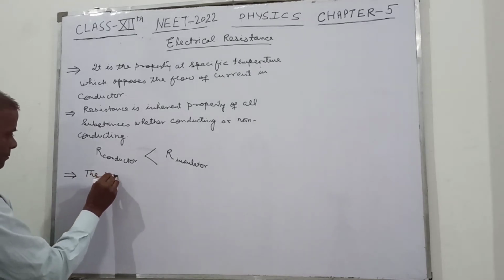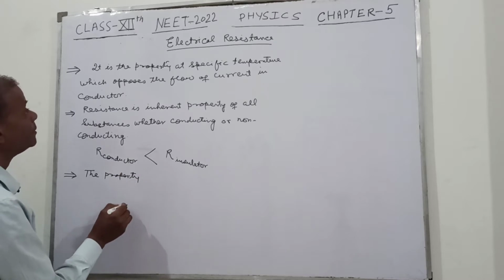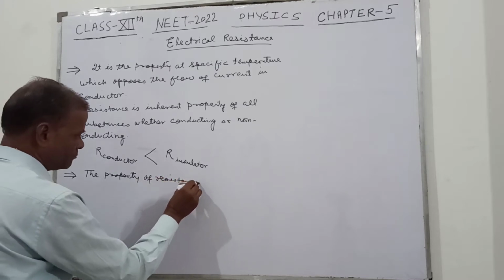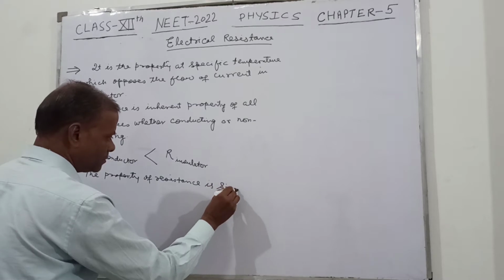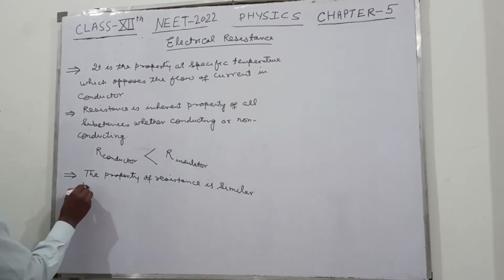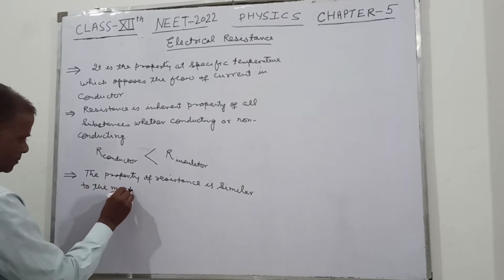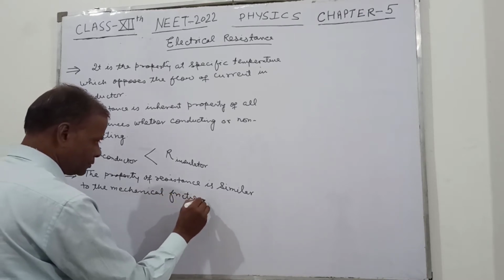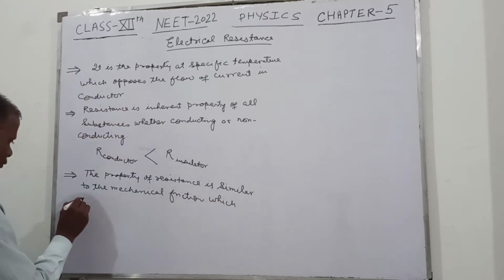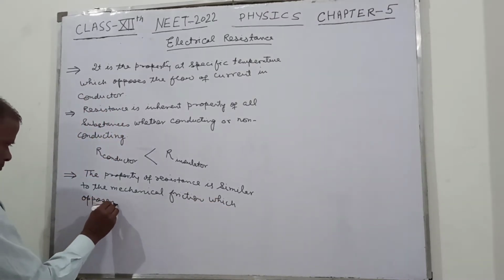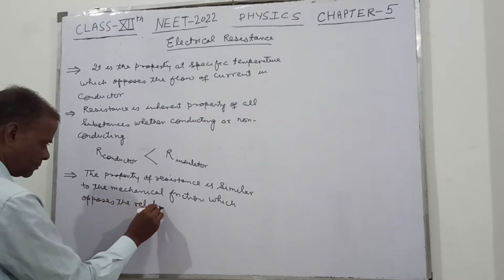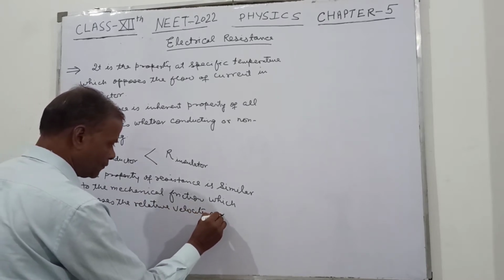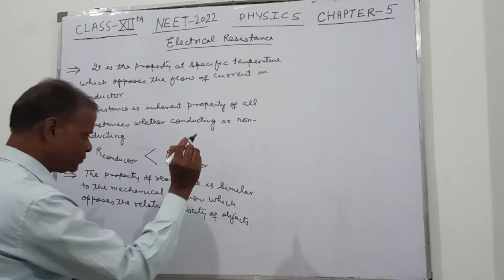The property of resistance is similar to the mechanical friction, which opposes the relative velocity of objects.